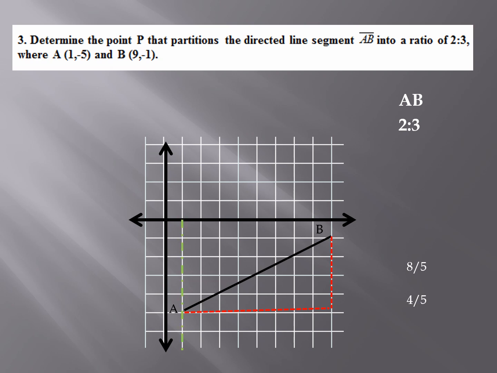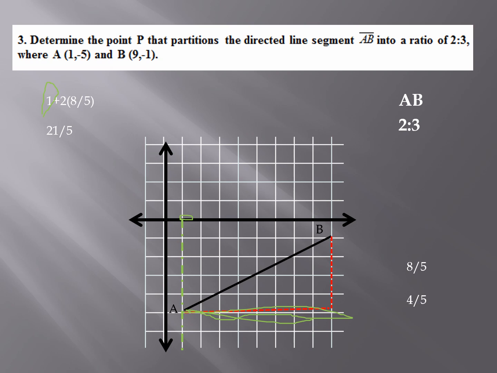So A is going to get 2 pieces. If you think about it, A going this way horizontally is starting at 1 on the x-axis. So we're doing 1, and we're giving 2 pieces of 8/5 to it. That's where I did 1 plus 2 times 8/5. This is kind of a more algebraic approach. This is an above-level question.